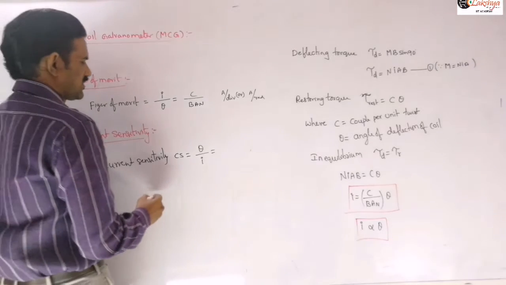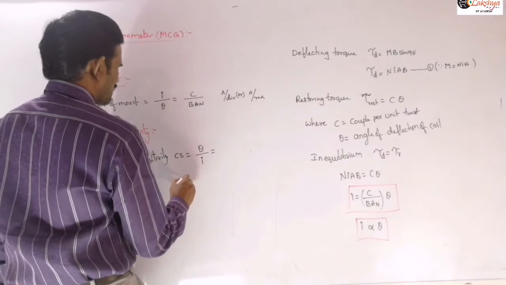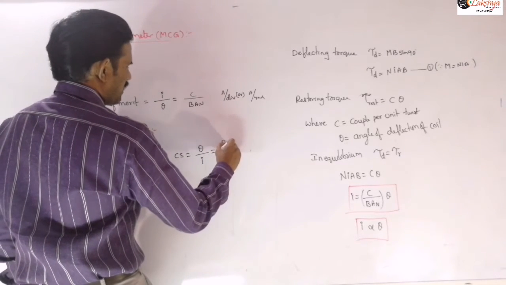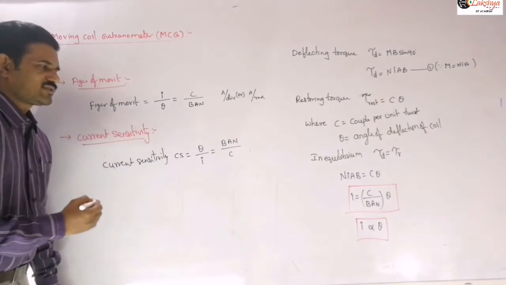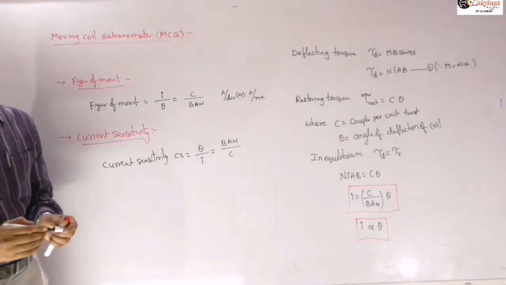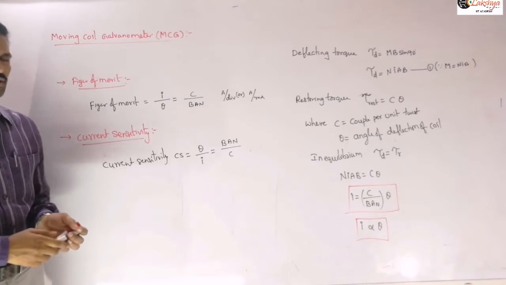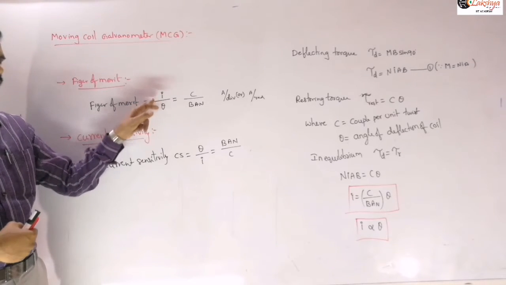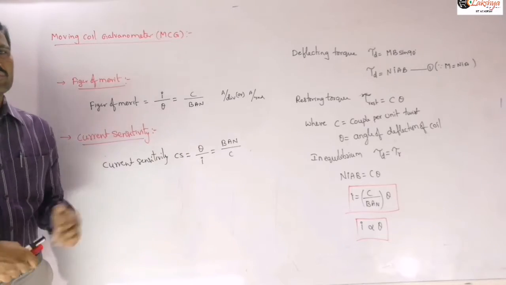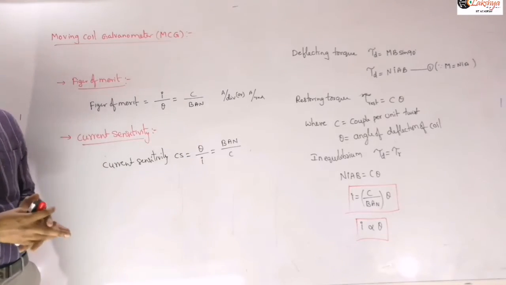We can write this as BAN by C. So that is our current sensitivity expression. The figure of merit was current per unit deflection; now it is deflection per unit current. They are just reciprocals, right?